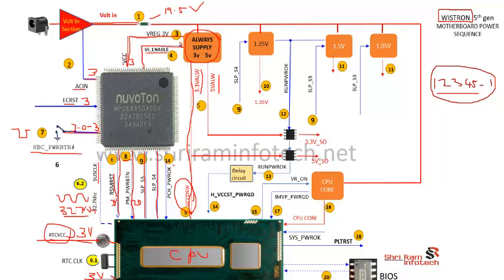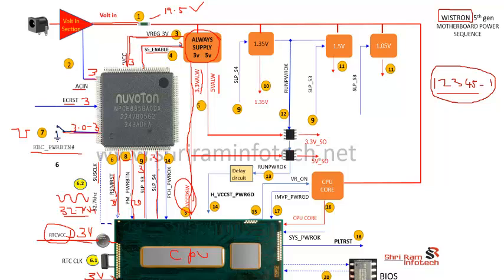The motherboard is fully on. It's called the power states. So normally the CPU sends the 3 signals called SLP S5, then SLP S4, and finally SLP S3. So this is step number 3. And how much voltage will we get here at the SIO? We will get 3 volts and 3 volts.